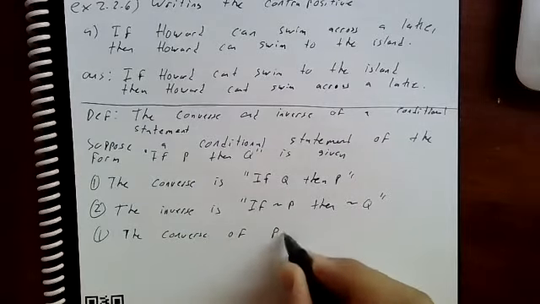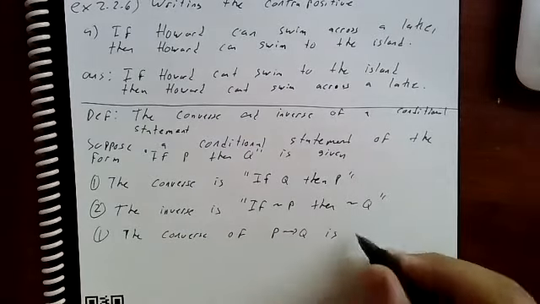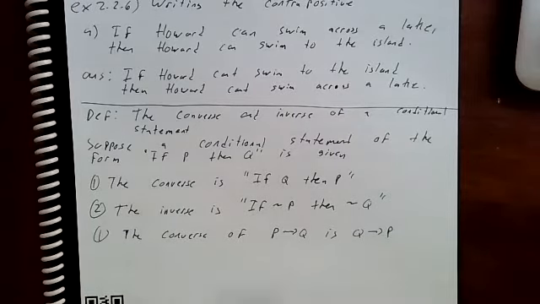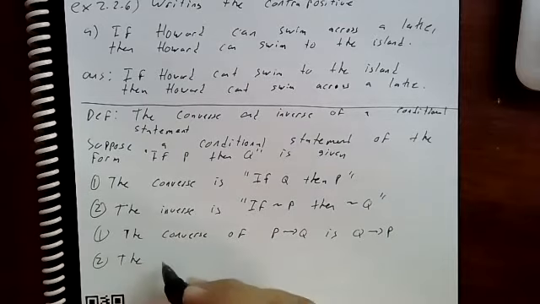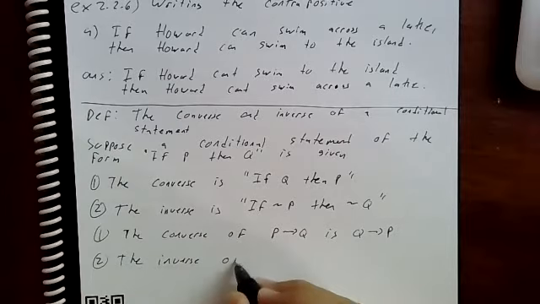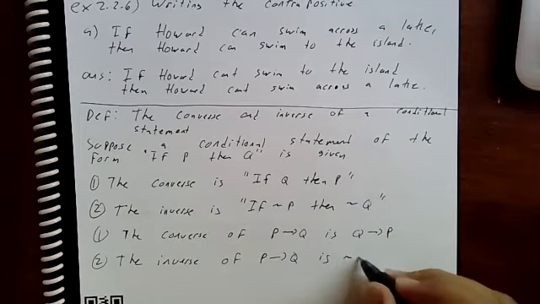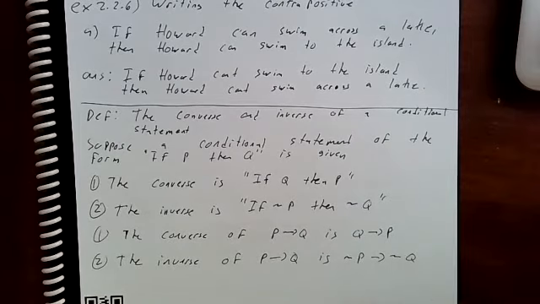The converse of P arrow Q is Q arrow P. Two, the inverse of P arrow Q is not P arrow not Q. And we'll do an example in just a second.